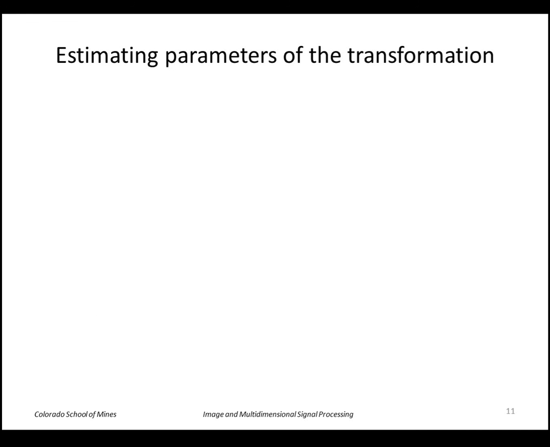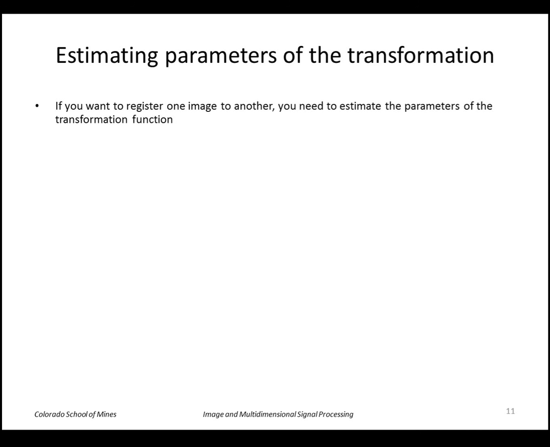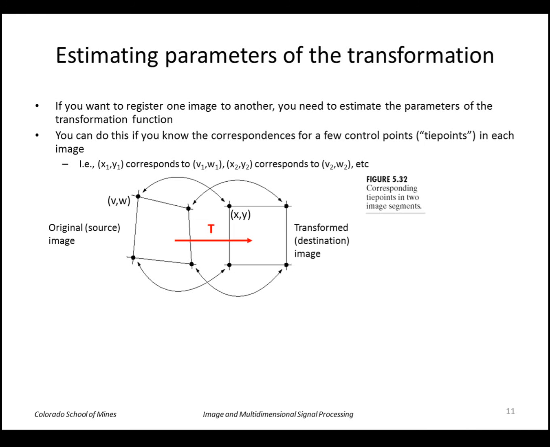How would you estimate those parameters? You can do that if you have a few control points or tie points. So let's say you have two images and you're trying to register them. And you know, let's say by hand or some other means, that this point v, w should match this point x, y. So those should be mapped to each other.